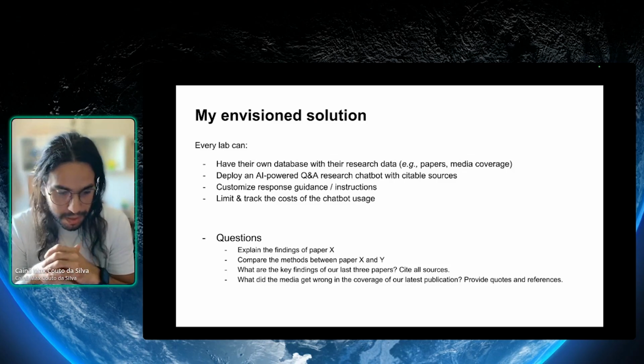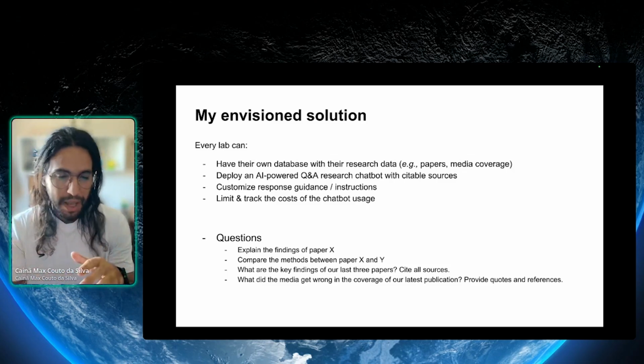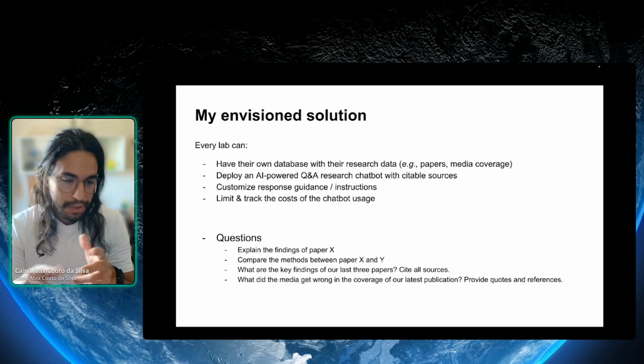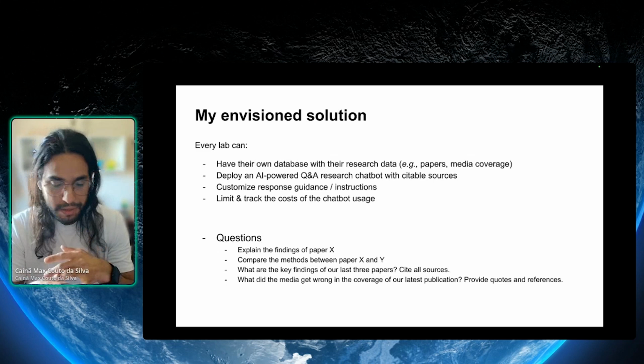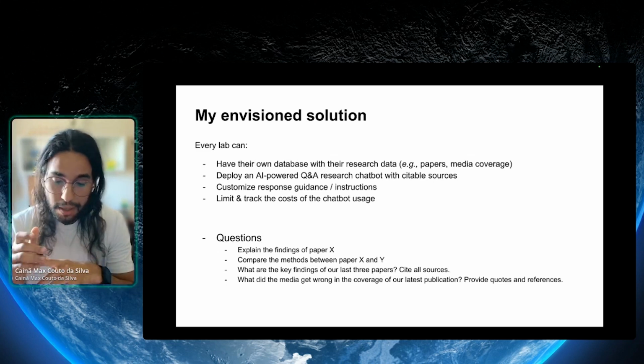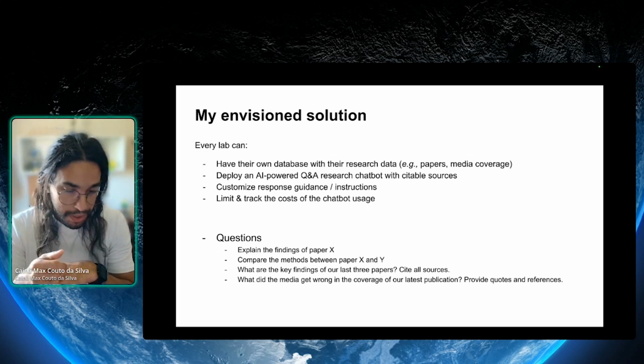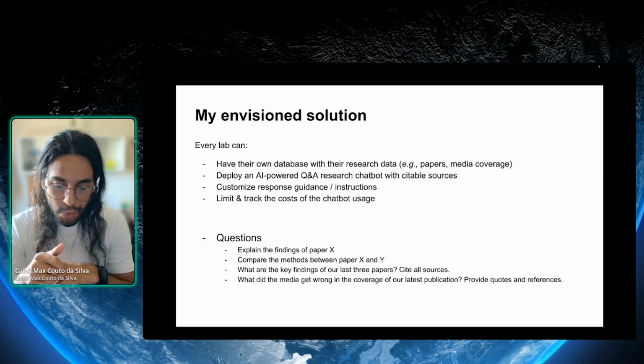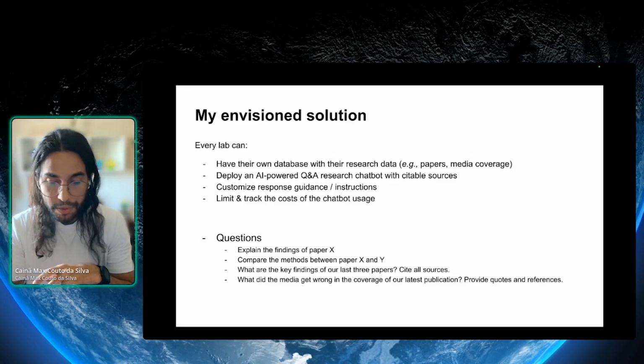I'd like every lab, for example, to be able to have their own database with the research data, the papers, the media coverage, protocols, methods, and so on. It should be easy to deploy an AI-powered QA research chatbot with citable sources.